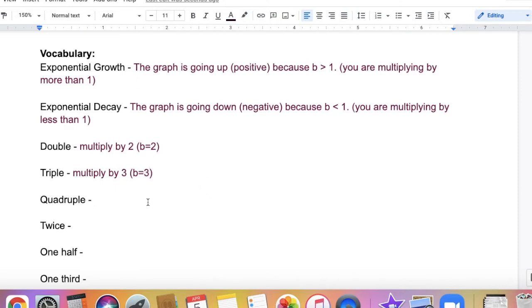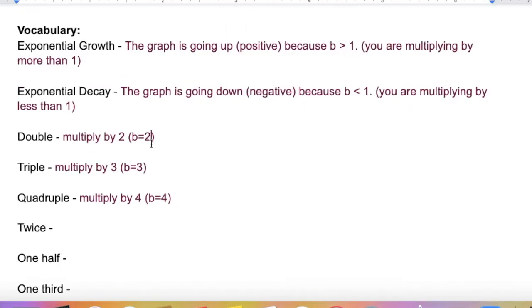If they were to say quadruple it, it means multiply it by 4. And if they want to say times 5 or times 6 or times 7, they'll say that. There's no special word to mean anything bigger than 4. Twice is another way to say double, so it also means to multiply by 2, if they say twice as many.